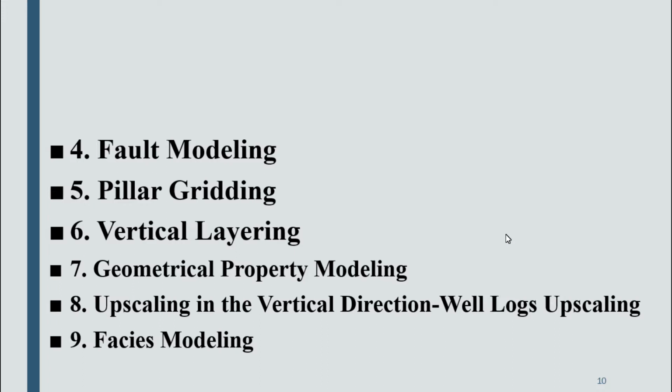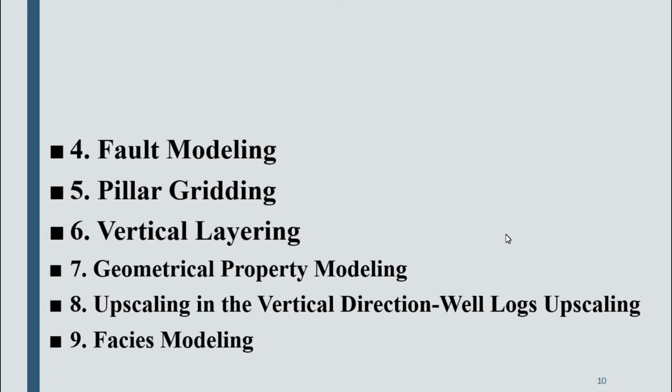The next step, the fourth step, is fault modeling. There is also pillar gridding. There is vertical layering, geometrical property modeling. Once you finish that, you are going to do upscaling in the vertical direction and well logs upscaling. Everything I'm going to explain in our next class.